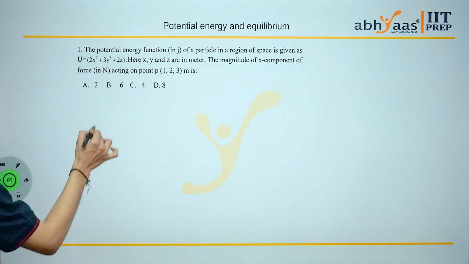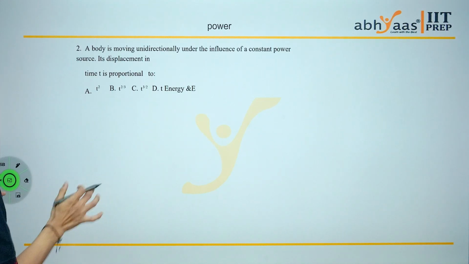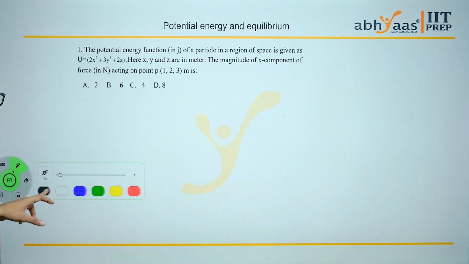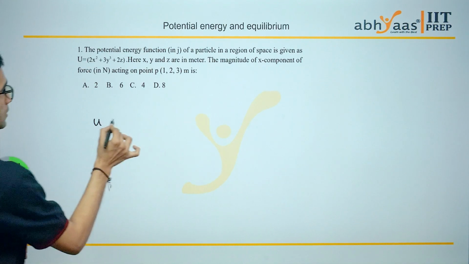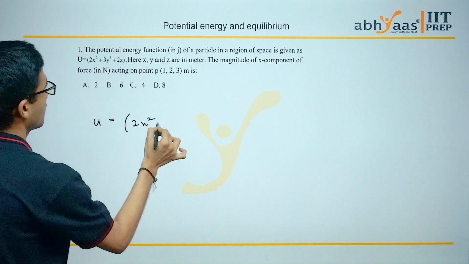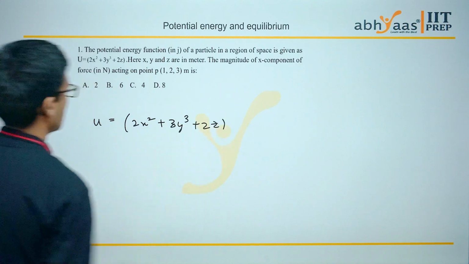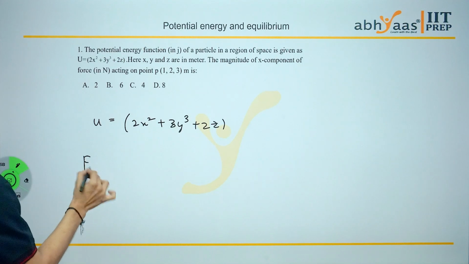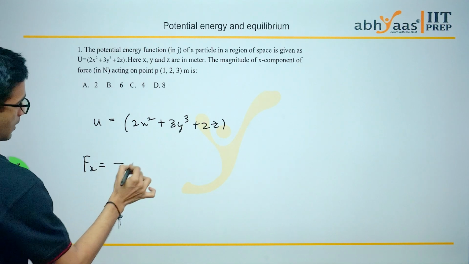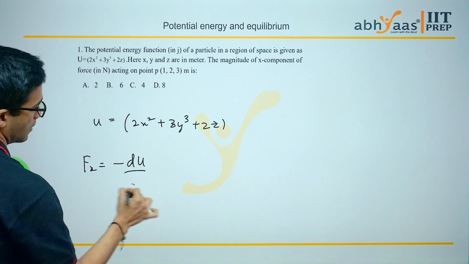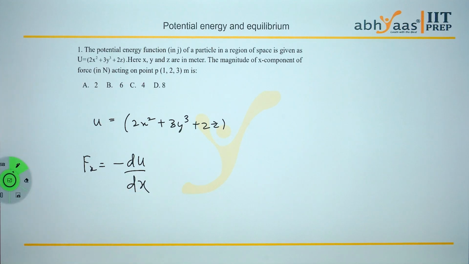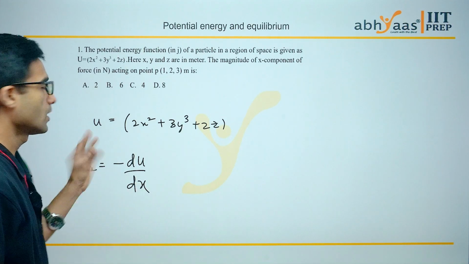The potential energy function is U is equal to 2x square plus 3y cube plus 2z. But what we want is Fx, which is equal to minus dU by dx. We don't want other things, only Fx.